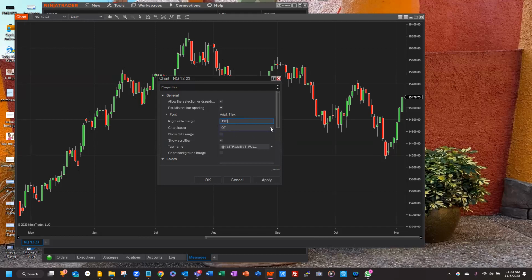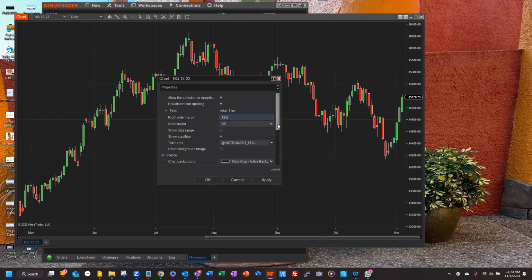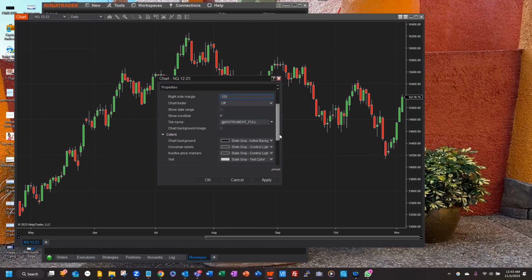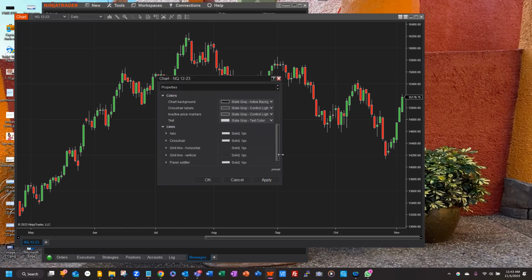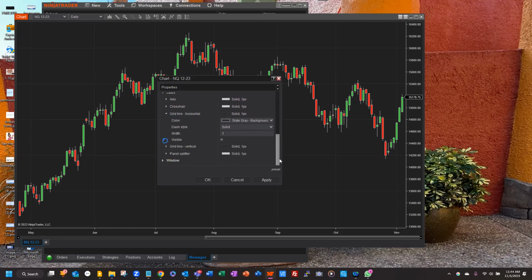Okay. Scroll down a little bit to where it says colors. Keep going. I want to find grid lines. It's under lines. Grid line, it might already be there. Crystal's might already be set up, but hit the drop down menu next to grid line and make sure that is set at transparent.